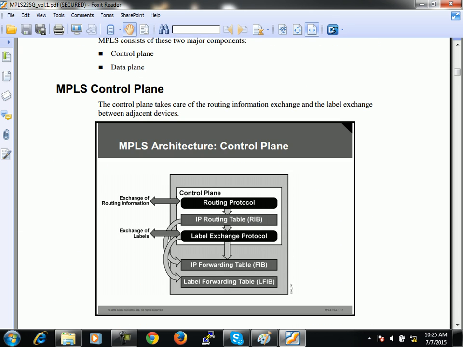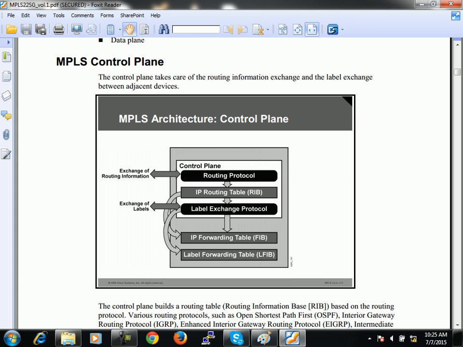As you know, control plane and data plane: LIB, the label information base, will be in the control plane, whereas LFIB will be in the data plane. LFIB will be a combination of RIB as well as the label exchange protocol. With the combination of those, it will form LFIB.